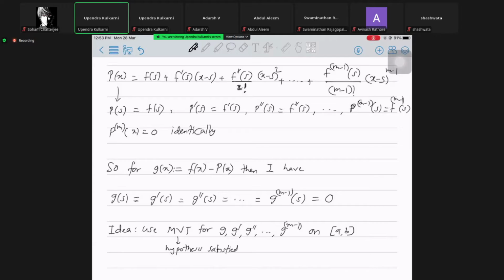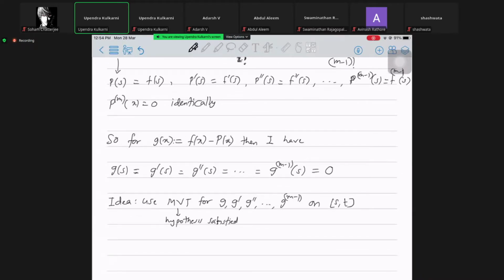Okay, so the way I want to use this is on the interval between s and t. The point though is that I would like to be able to use Rolle's theorem.